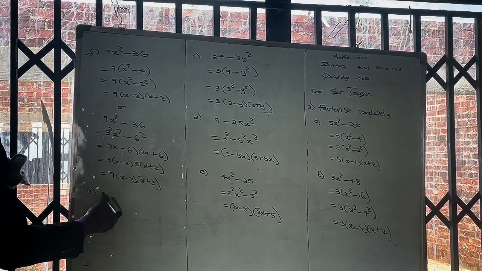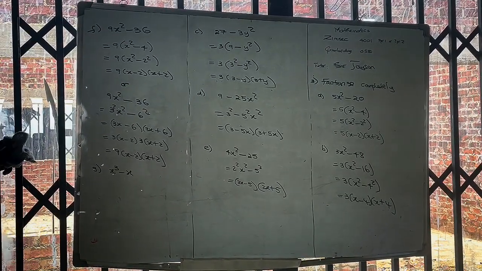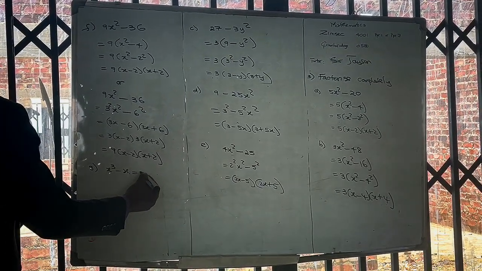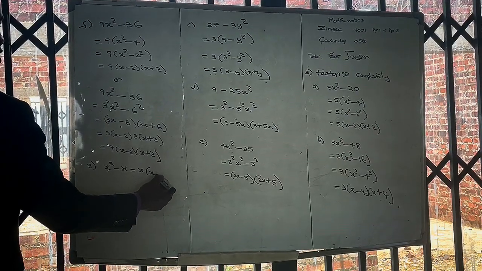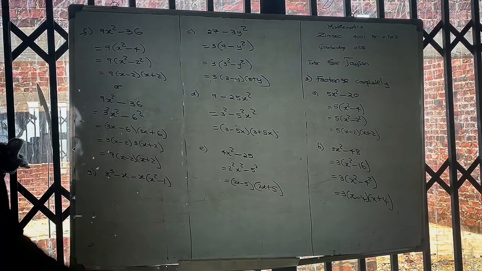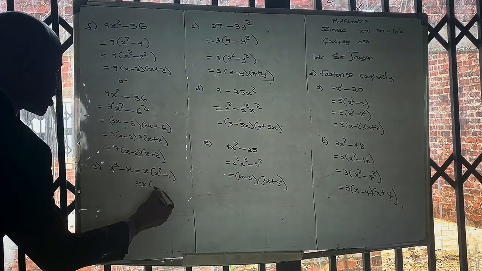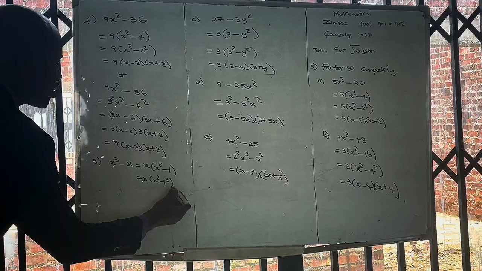Then what about x cubed minus x? X cubed minus x means I must factor out x. We get x squared minus 1. You have factorized, but you have not factorized completely. Completely means I can proceed, x squared minus 1 squared.